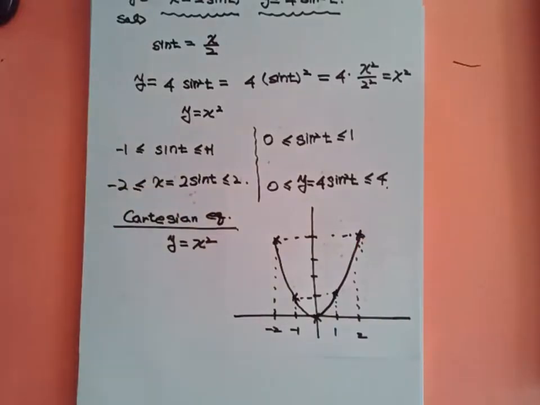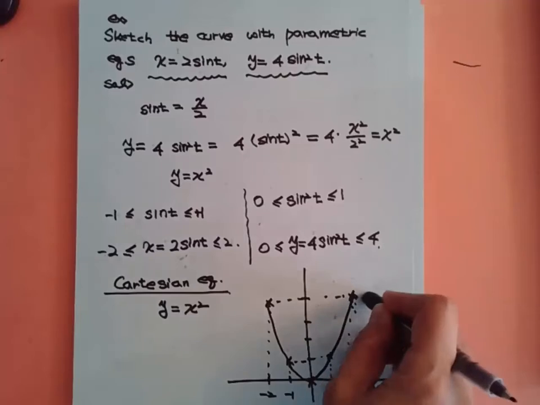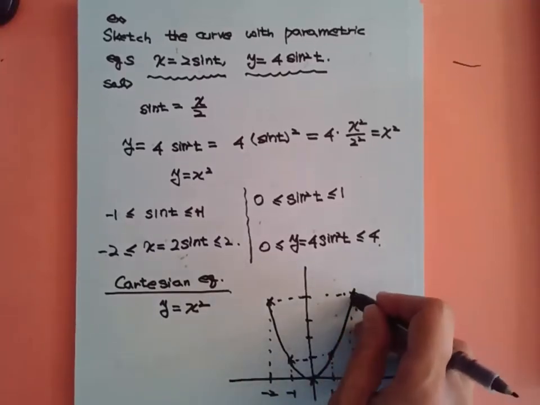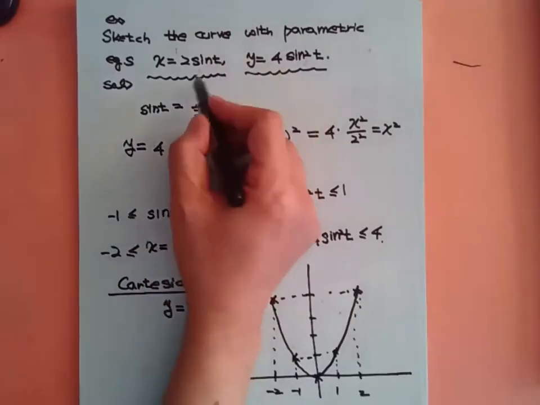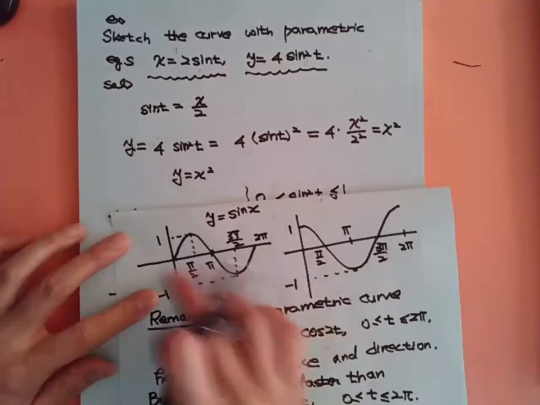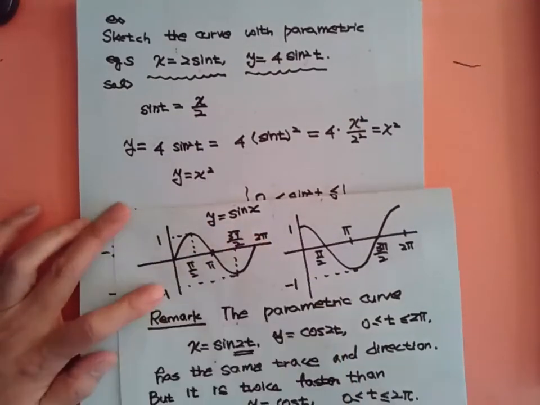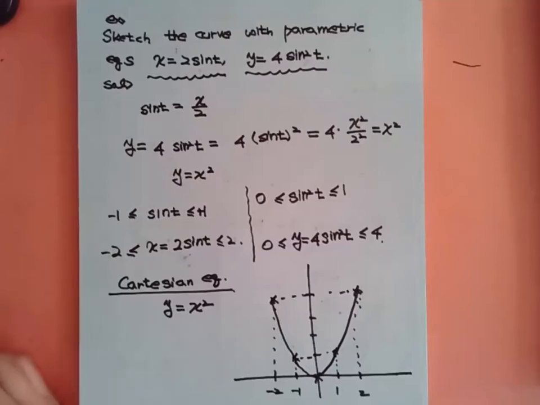Different from other examples we have been discussing, in this case the direction will not be just one direction. It'll go back and forth forever. That's because our sine function is increasing here and then decreasing here, and increasing and decreasing happens alternatingly.